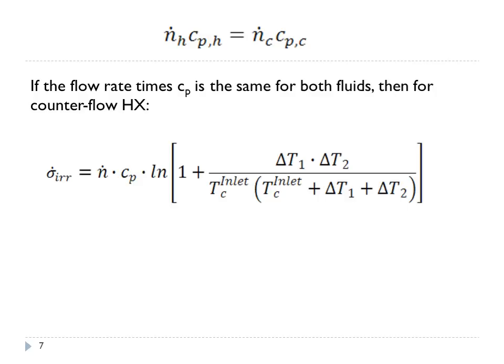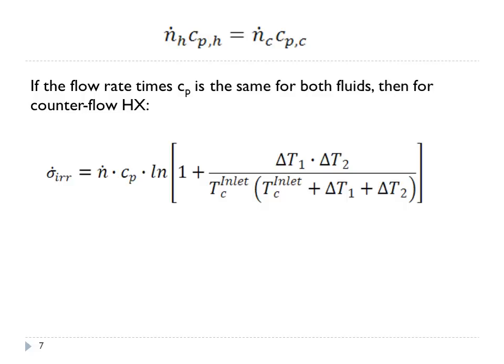When the term on the right inside the logarithm is small, the logarithm of 1 plus a small number is close to that small number.